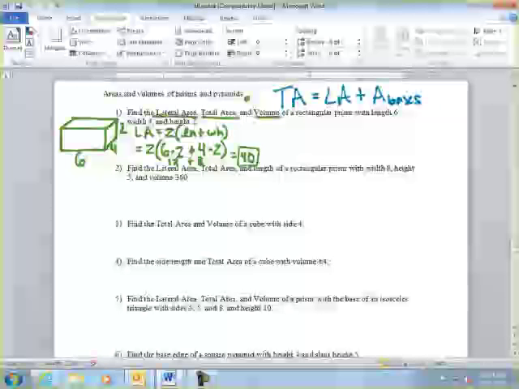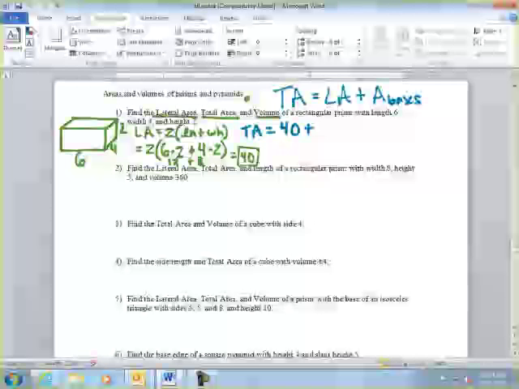So you need to know that for the test. It's just kind of a general idea of what total area means. It's not so much a formula. So for this problem, total area is that lateral area of 40 plus the top and the bottom.